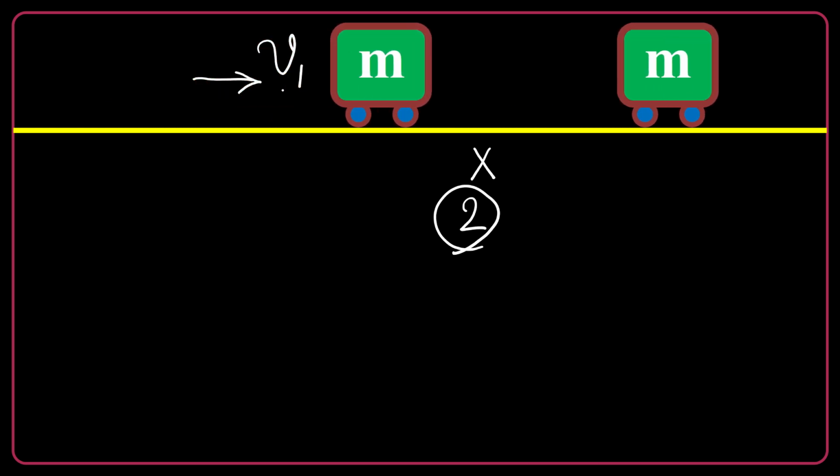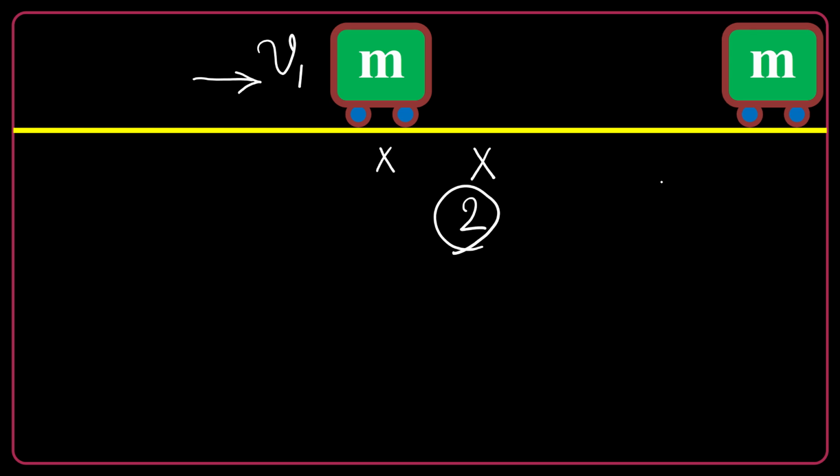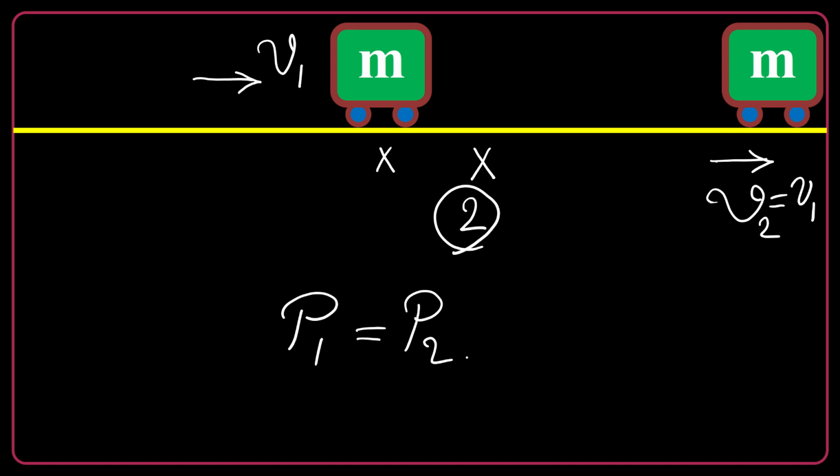You see, cart number 1 will stop and cart number 2 will move in the same direction with the same velocity. v2 is equal to v1. The reason is that this is an elastic collision. So P1, the total momentum before, is equal to P2, the total momentum after. M times V1 is equal to M times V2.